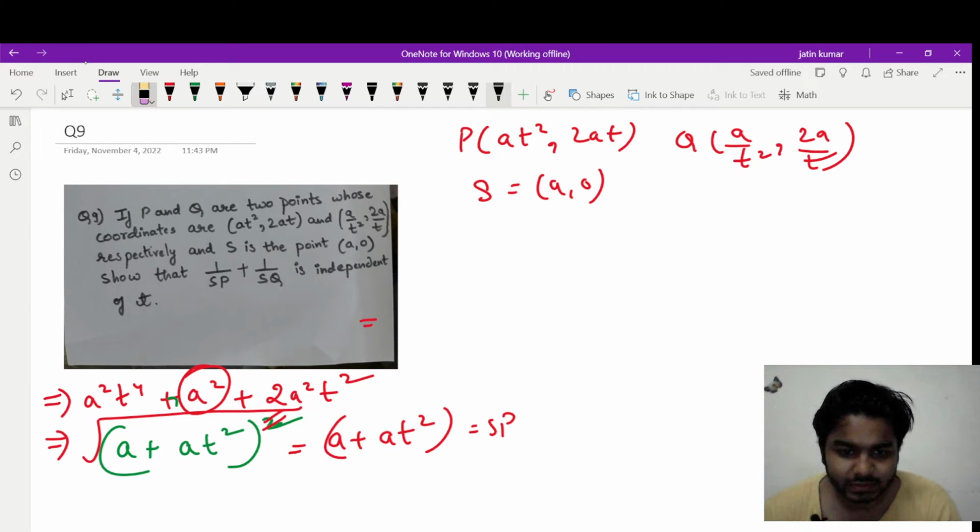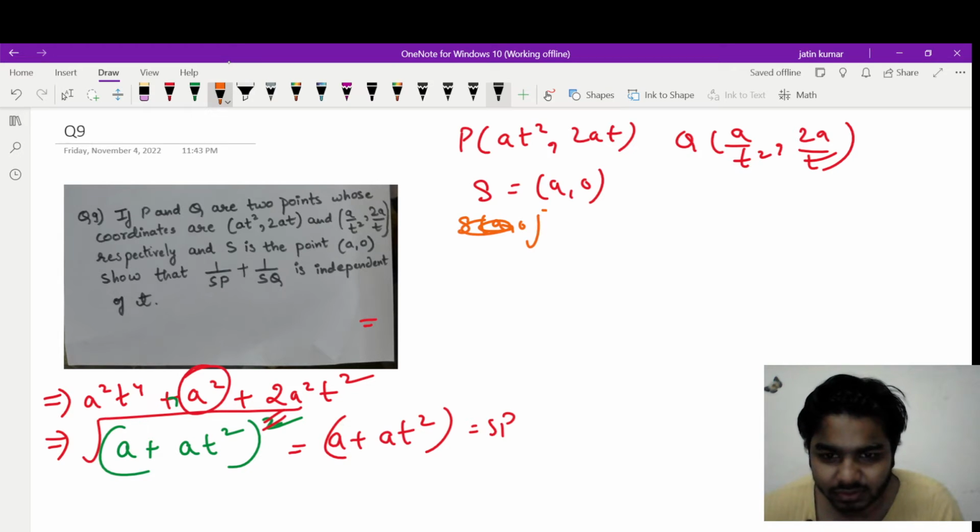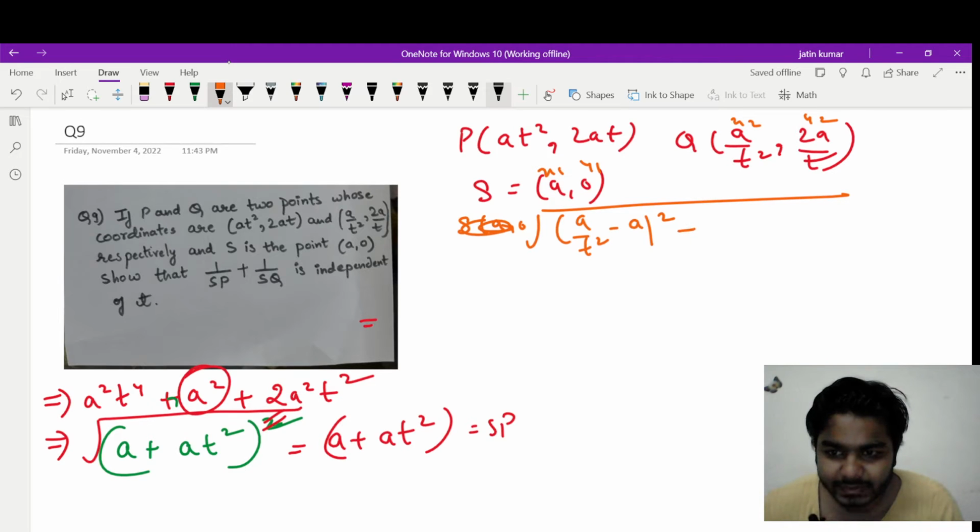We need to be careful. So S is a comma 0, directly put the formula now. a by t square minus a whole square, this is x1 y1 x2 y2, plus 2a by t minus 0 whole square. So can we solve it? Yes.